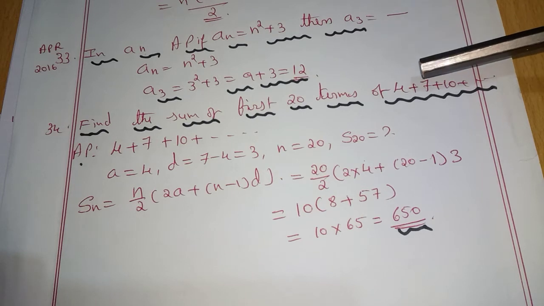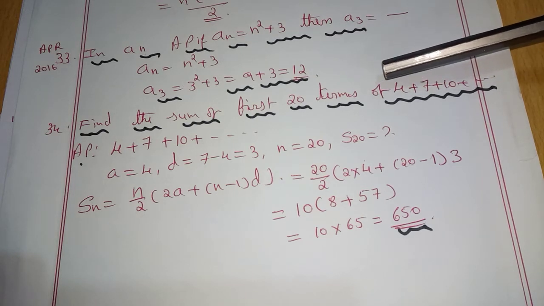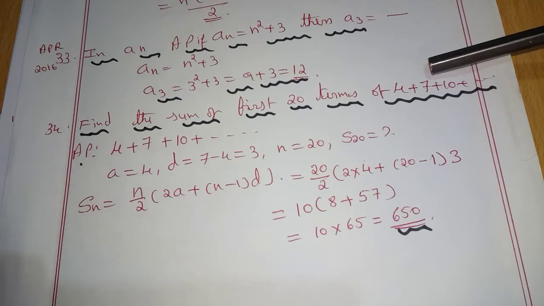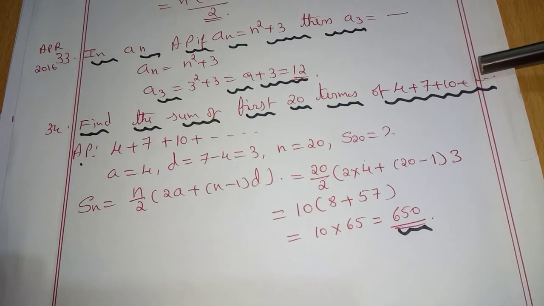Another question from April 2016. Find the sum of first 20 terms of 4 plus 7 plus 10 and so on.